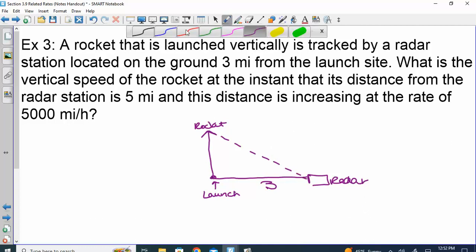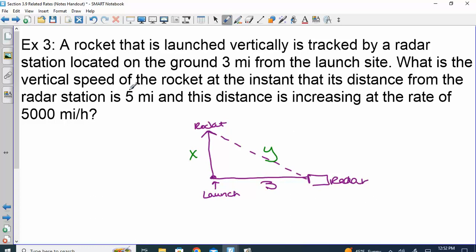Now, my vertical, this is changing as the rocket moves, so I'm going to call that x. Is the distance from the radar station to the rocket changing? Yes, so that's going to be my y. Doesn't matter what you call those variables, because I didn't tell you in the problem, but that's also why your picture is important, so I can look at it and know what your variables are. On your rocket. So pretty. Overachiever right there. Okay.